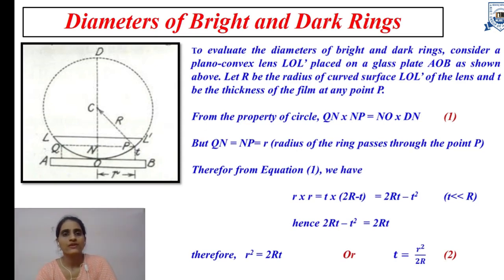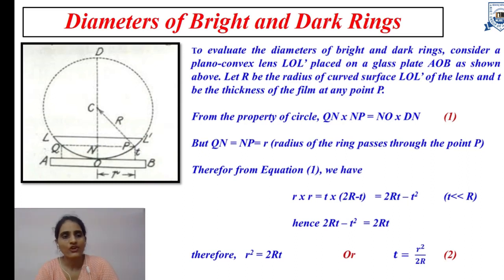Because where the plano-convex lens meets the glass plate at that particular point, the thickness is 0, and if we substitute the value of thickness 0 in the path difference equation, then we get the path difference equal to lambda by 2, which is a condition for destructive interference pattern, explained in my previous videos of Newton's ring. So you can see from there itself.